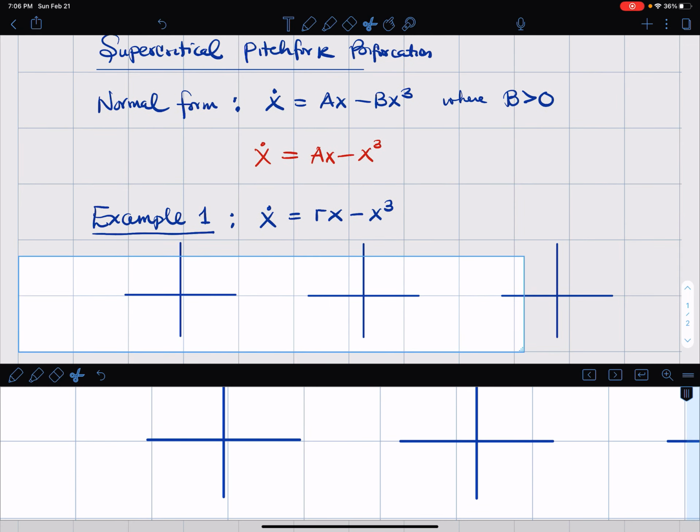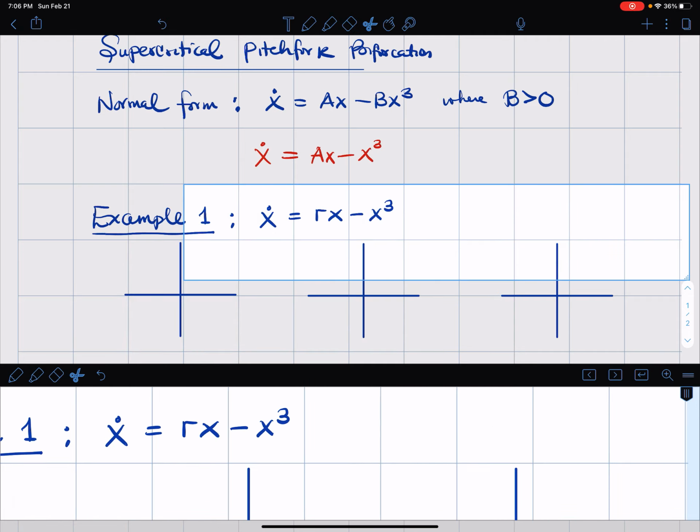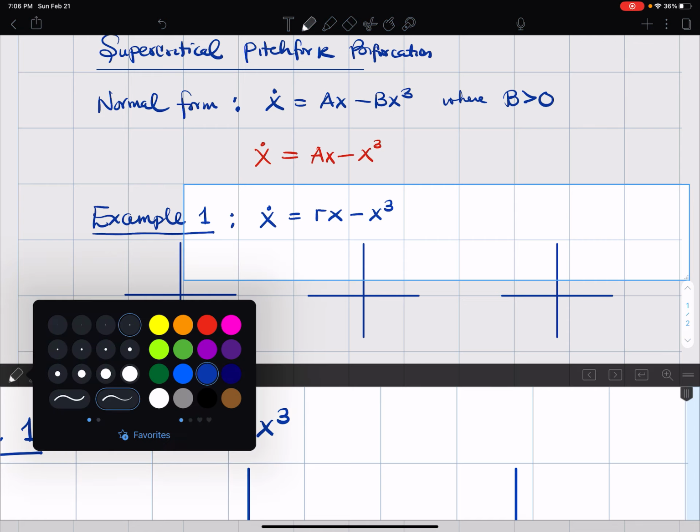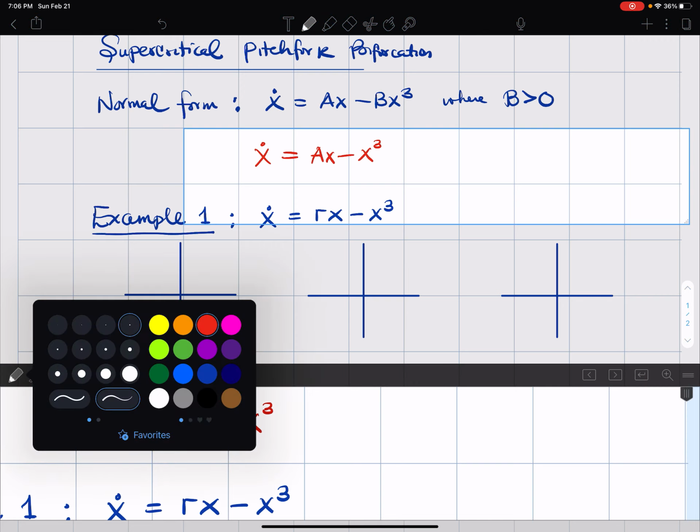Let's think of when R is 1, for instance. If R is 1, I'm going to do some very rough work over here. Let me do it in green.